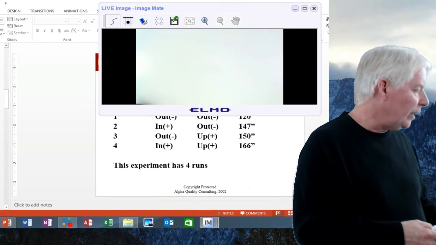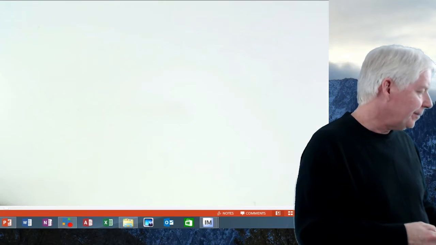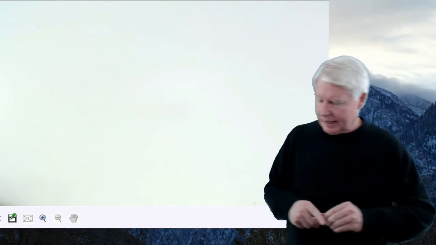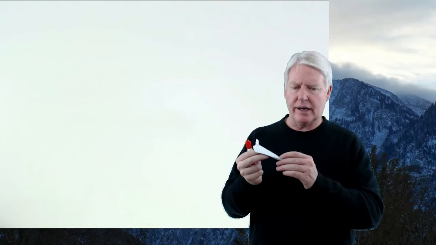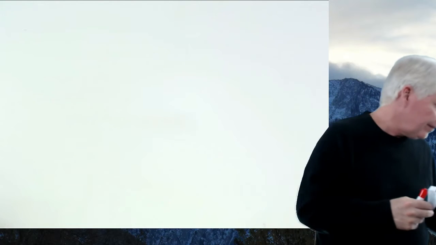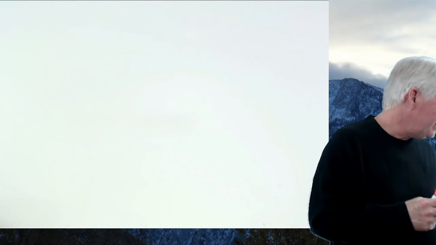By random order, what I mean to say is that I don't just run 5 with my wingtips up, 5 with my wingtips down. No, I run 1. Run number 1 was, let me go back, can't remember.